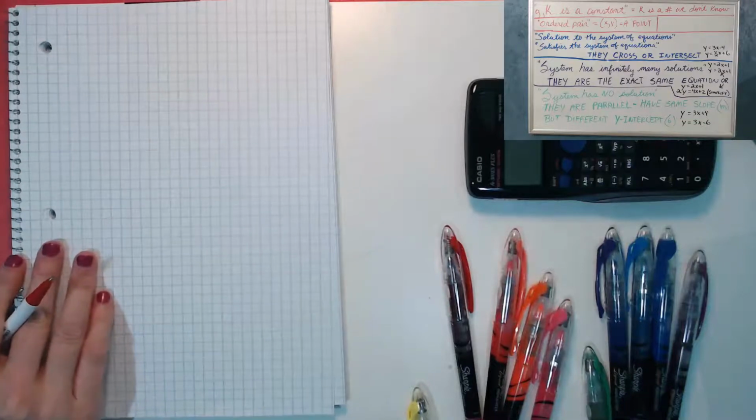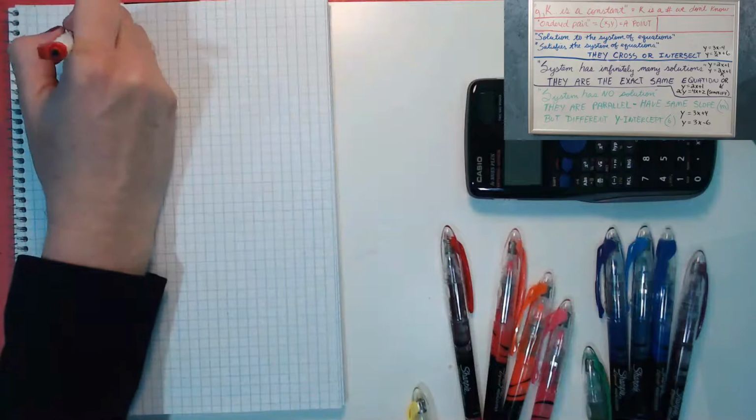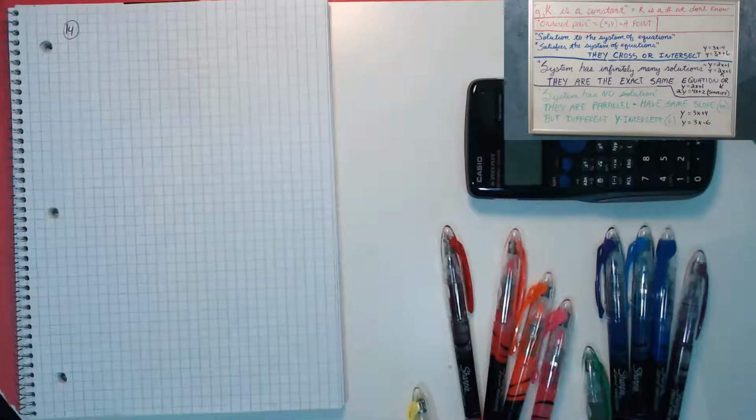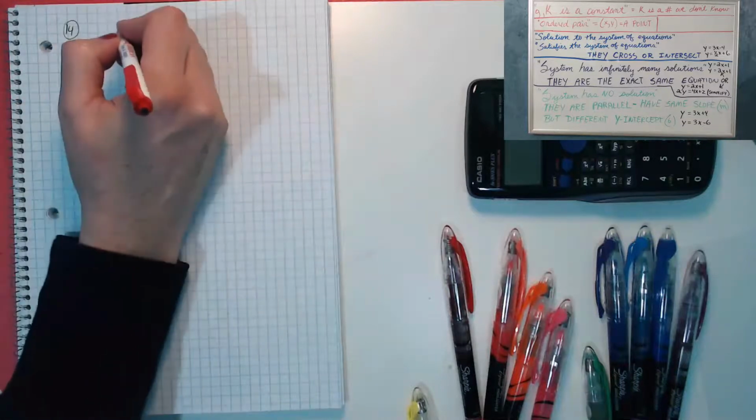Okay, now we're going to do number 14. So let's look at 14. It says, if the ordered pair satisfies the system of equations shown above, what is the value of x times y? So 14 also says if a point is where the lines cross, what is x times y? So for 14, I'm going to write out the equations first of all.